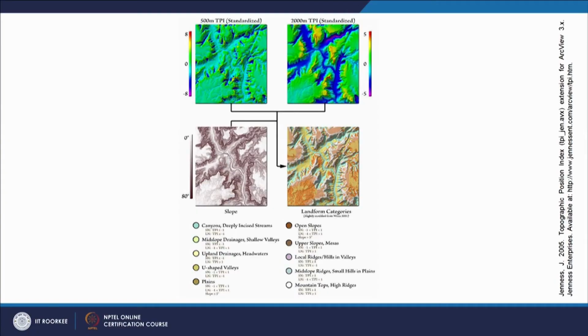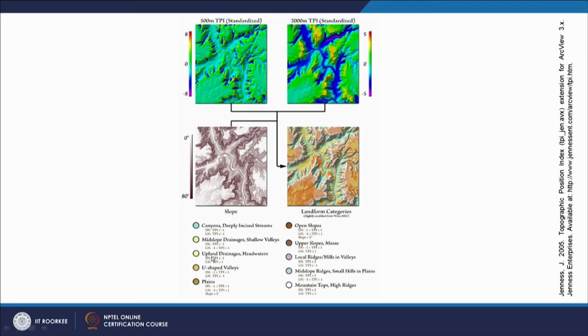Here are the final examples, where the TPI is calculated at 500 meters here and at 2000 meters here. Based on the slope we can classify different landform categories as shown: open slopes, upper slopes, mesa, local ridges, hills in valleys, mid slope ridges and mountain tops.